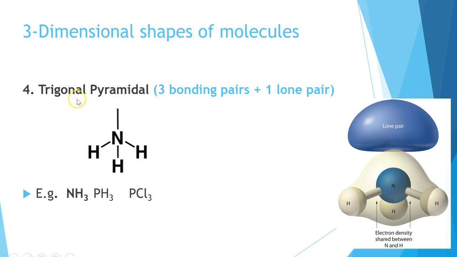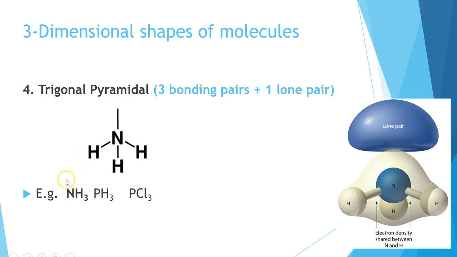So this is trigonal pyramidal, meaning that we have a triangle-based pyramid, and we see this every time we have 3 bonding pairs and a lone pair on the central atom. The lone pair sits up on top, and then the 3 things that are bonded to the central atom get pushed down in a little bit of a pyramid shape.